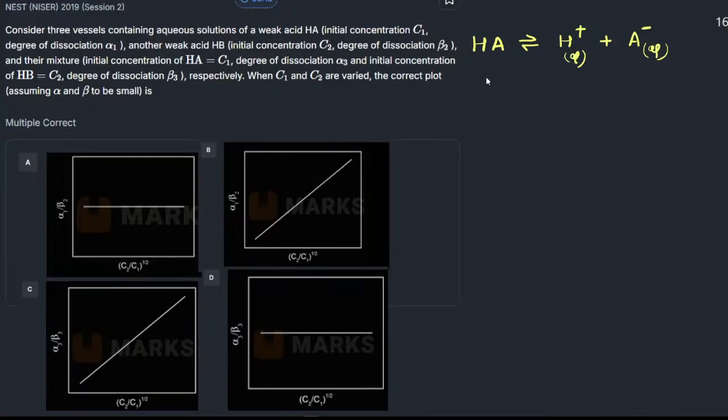Initial concentration C1, and for HB, H plus, B negative, C1, and it is 0, 0. Alpha 1 is the degree of dissociation in vessel 1.